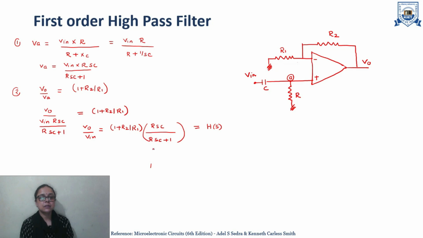Now, if we see over here, if we put S is equal to 0, the H0 or gain will be equal to 0, means the transfer function curve will start from the origin only, that we will see also how it will start from origin.